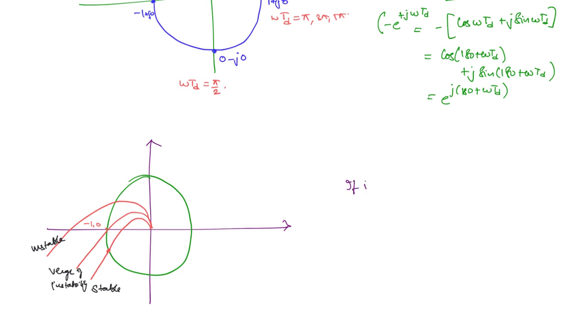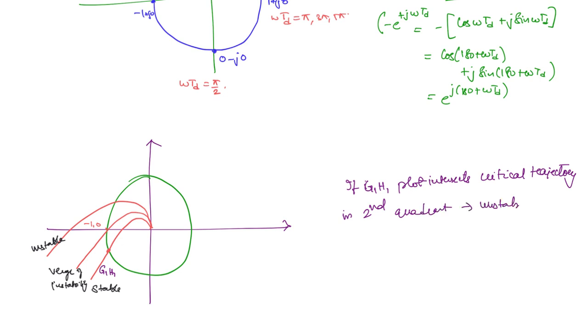If these are what? G1 H1 plot. Okay, if the G1 H1 plot intersects critical trajectory in second quadrant, then it means that the system is unstable.